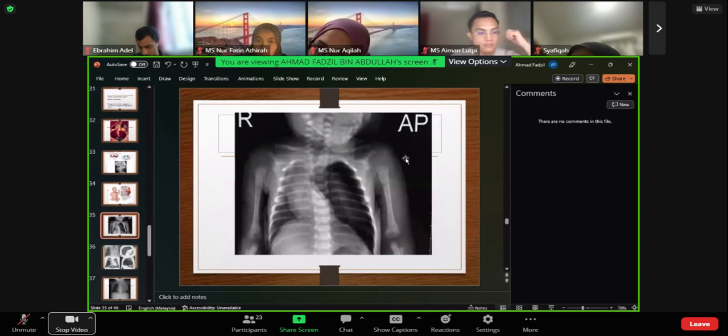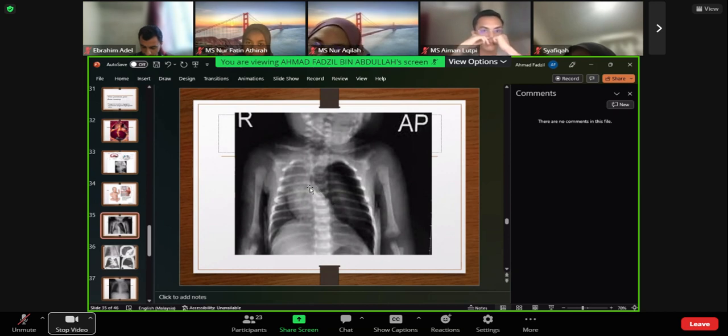This one, anybody? Who wants to guess? Is it a left pneumothorax? Yes, this is a left pneumothorax. Very big air inside the pleural cavity.